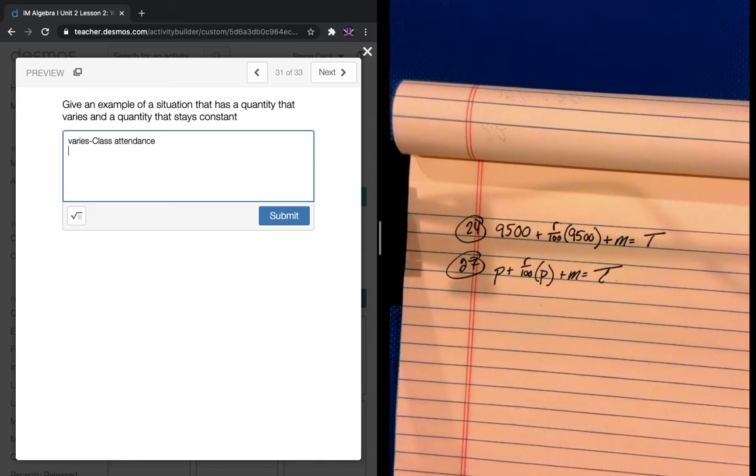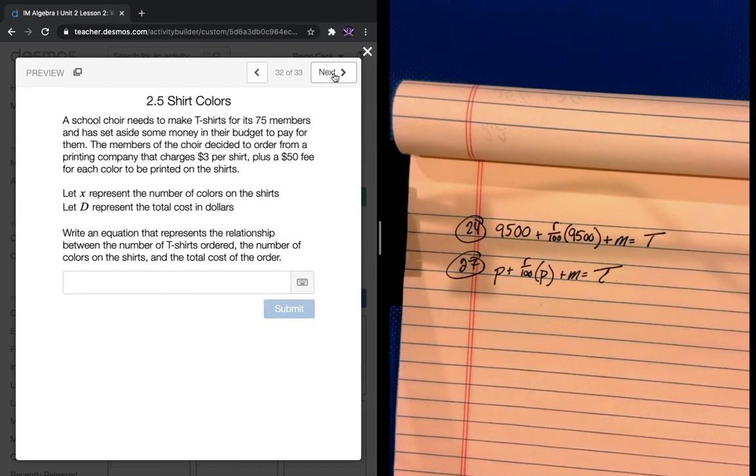And then a quantity that stays consistent, guys, just like that. When you had that miscellaneous charge, or if you have to go somewhere and there's a fee up front, like an entry fee, that's going to stay consistent, so that's going to be constant. It's not going to change.